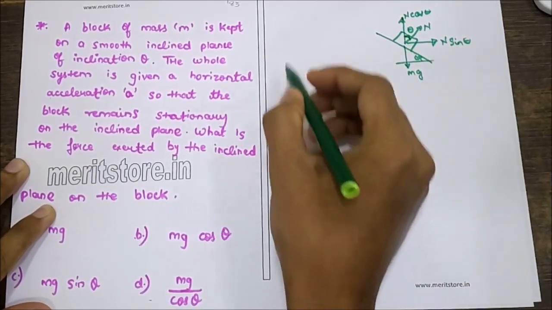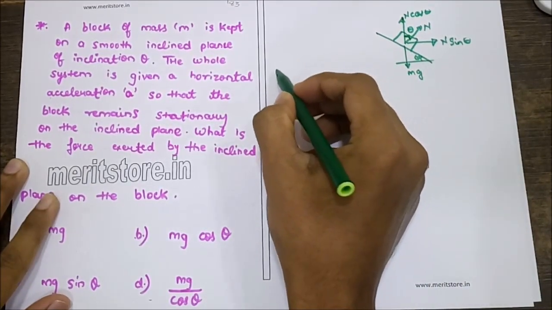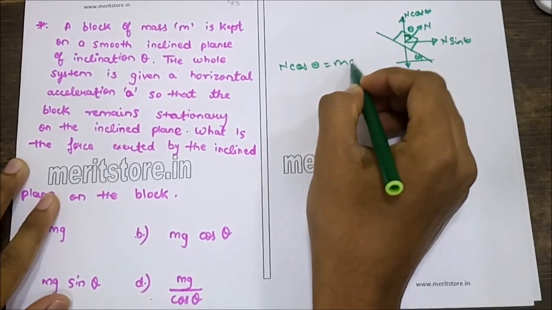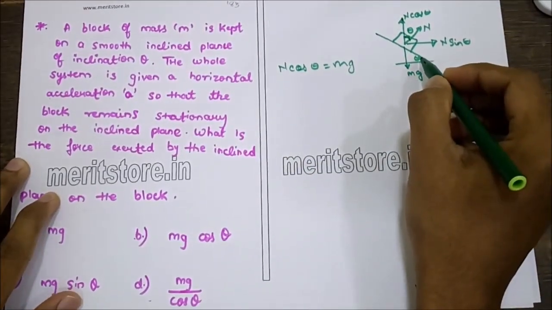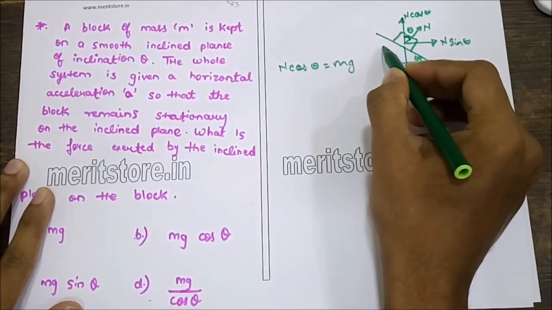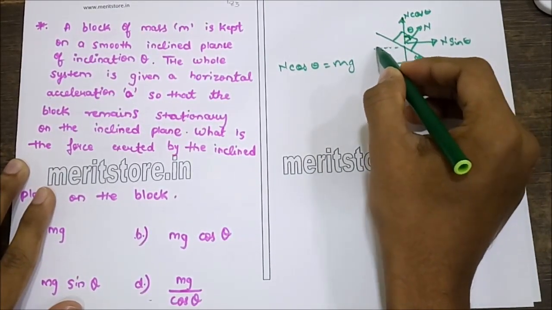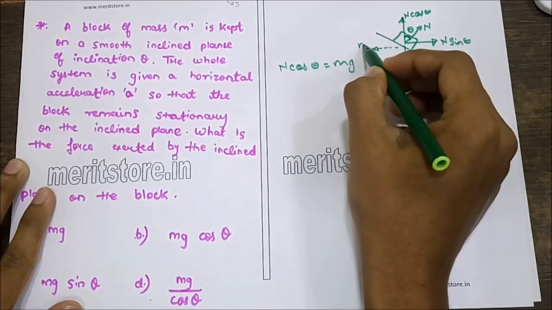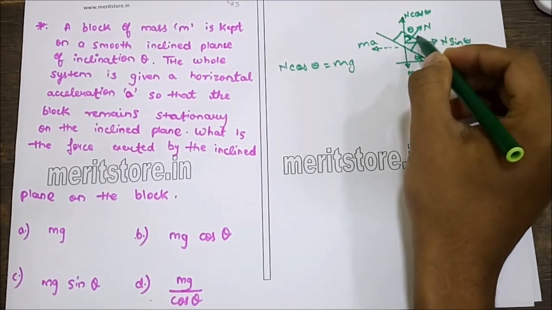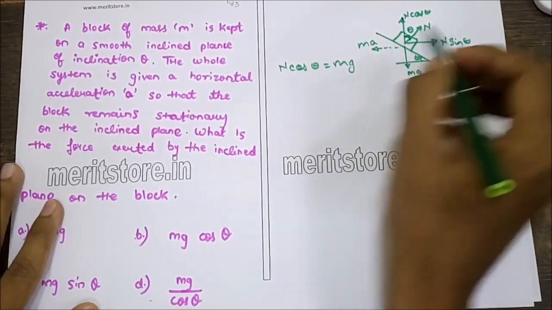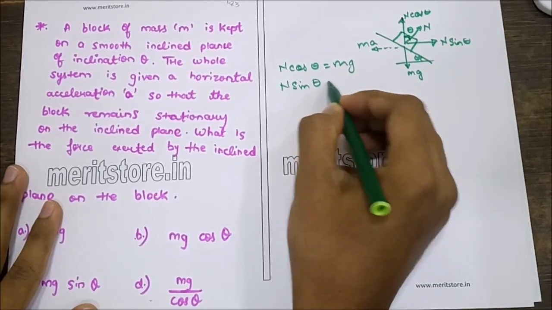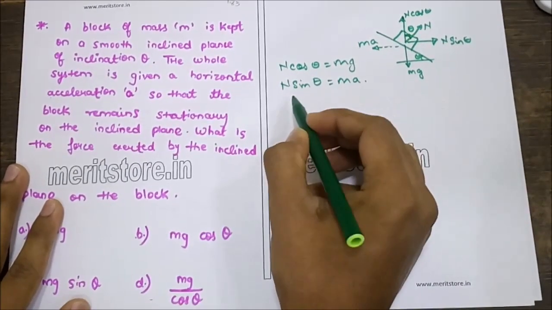As we can see from equilibrium of the block, N cos theta is equal to mg. Also, let us assume a pseudo force of ma acting in the opposite direction so as to keep the block in the stationary position. From this, N sin theta is equal to ma.